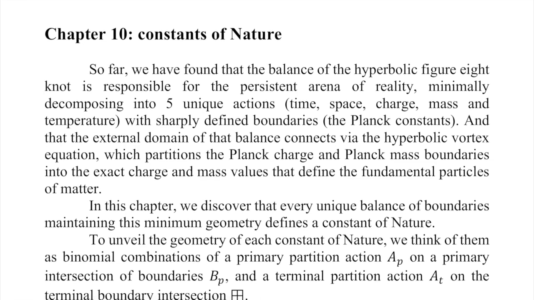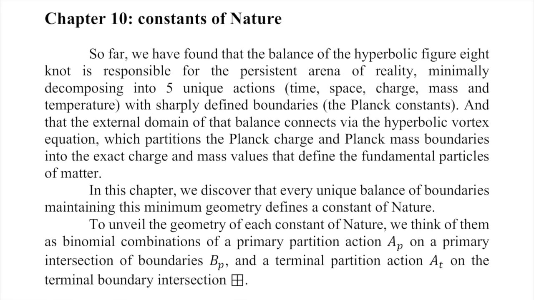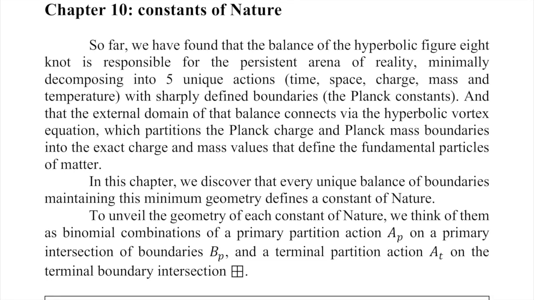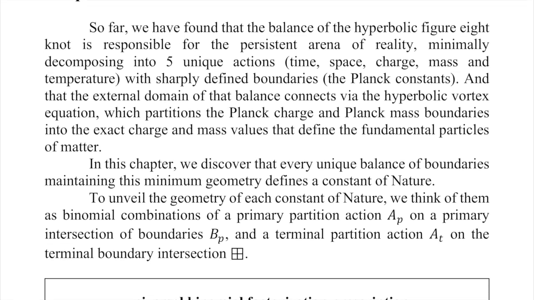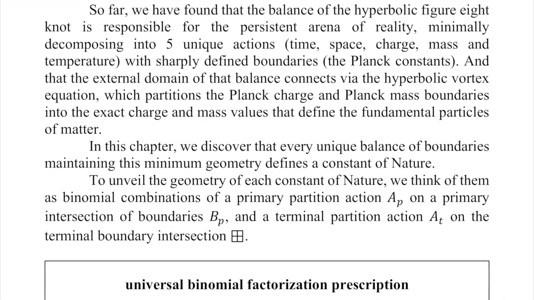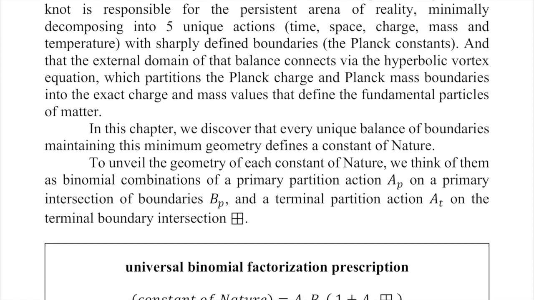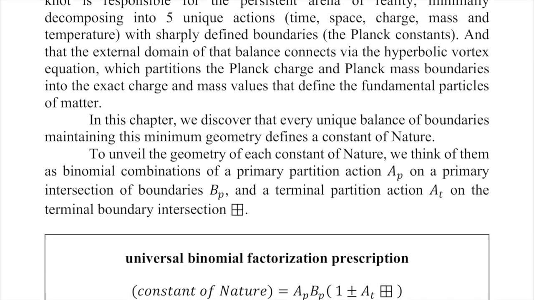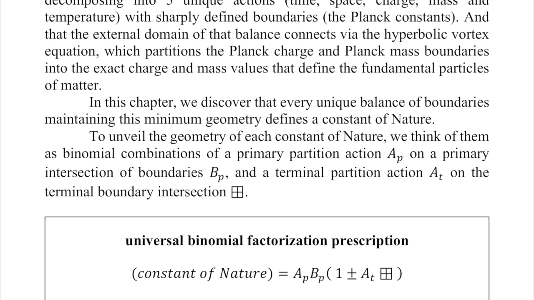To unveil the geometry of each constant of nature, we think of them as binomial combinations of a primary partition action, which we'll represent as A sub p, on a primary intersection of boundaries, so B sub p, and a terminal partition action, A sub t, on the terminal boundary intersection, which we represent with this box symbol. Let's say that again.